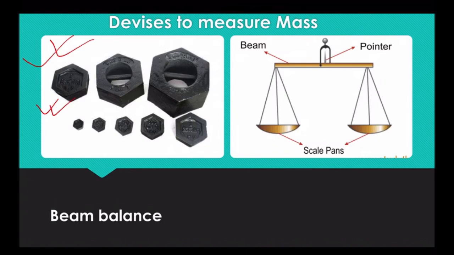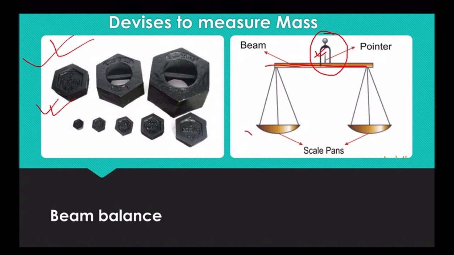Now, how does a beam balance look? What are the main components of a beam balance? A beam balance has a straight rod, generally made of iron, and in the middle it is suspended from an iron loop. Then we have a pointer attached to the loop.